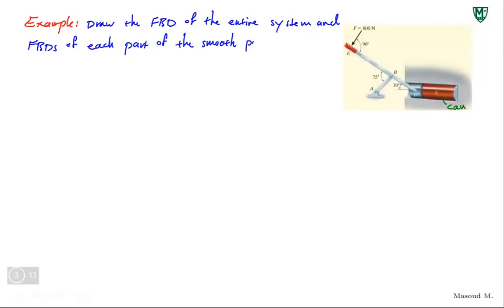The mechanism is supposed to be M, used to crush recycled cans.